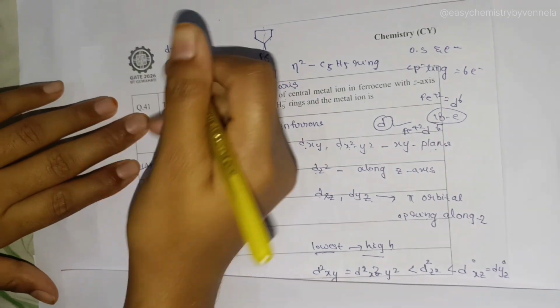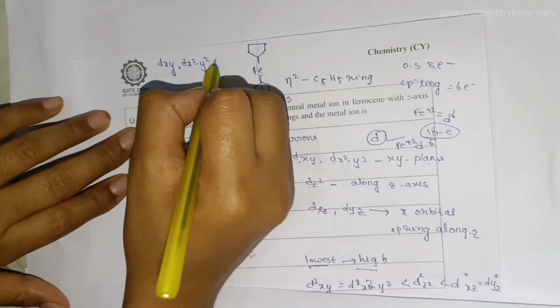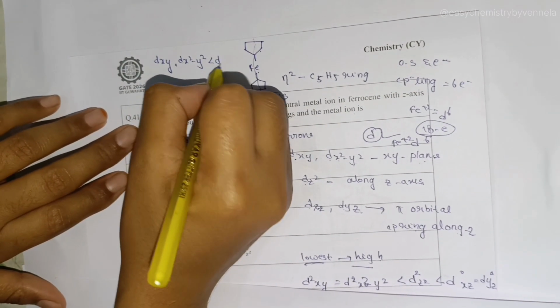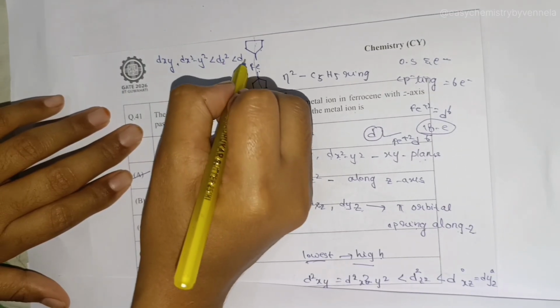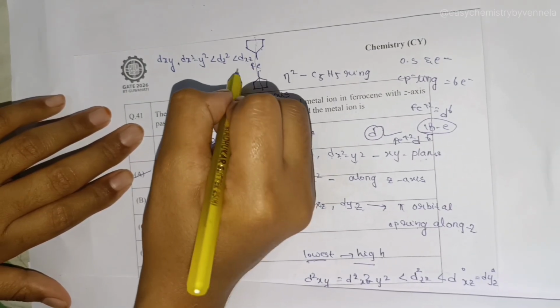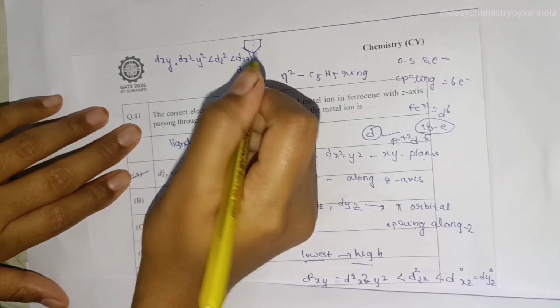dxy, dx square minus y square, dz square less than dxz, dyz.